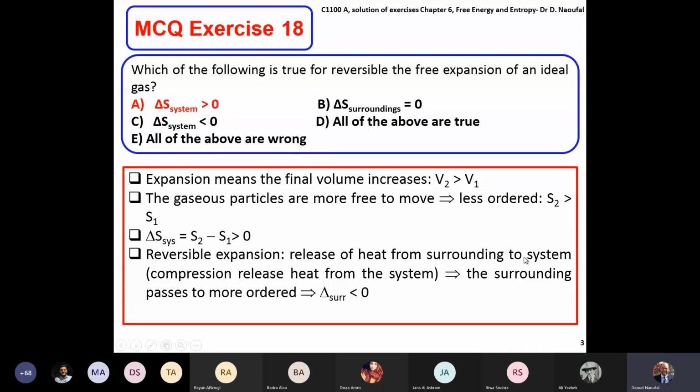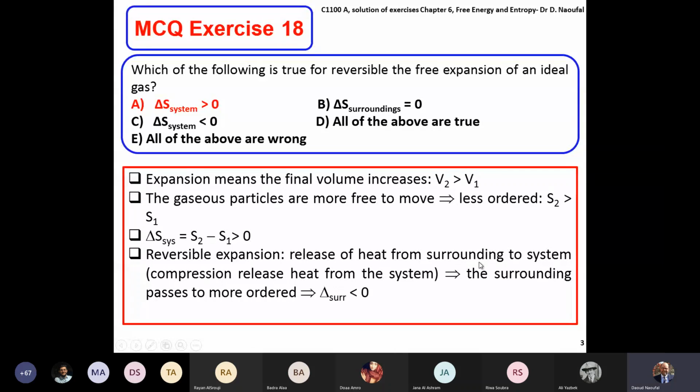Because during the compression, we exert a force on the gas. So in the compression, we have release of heat from system to the surrounding. So in the expansion, this is the opposite direction. In the expansion, we will have release of heat from surrounding to system.